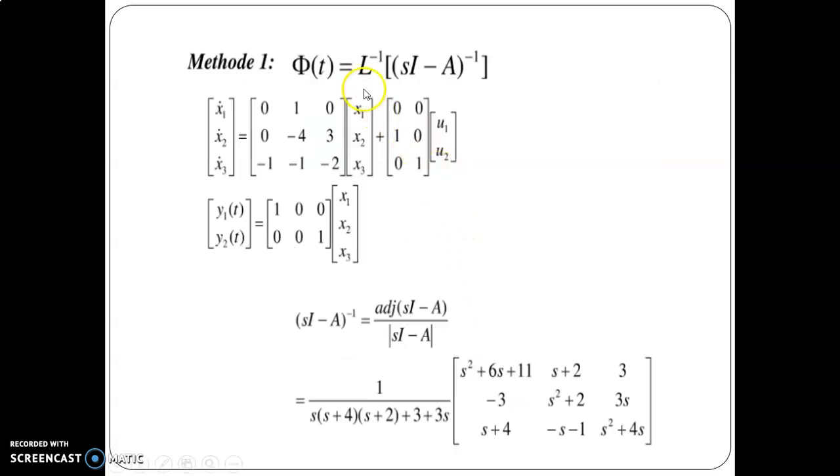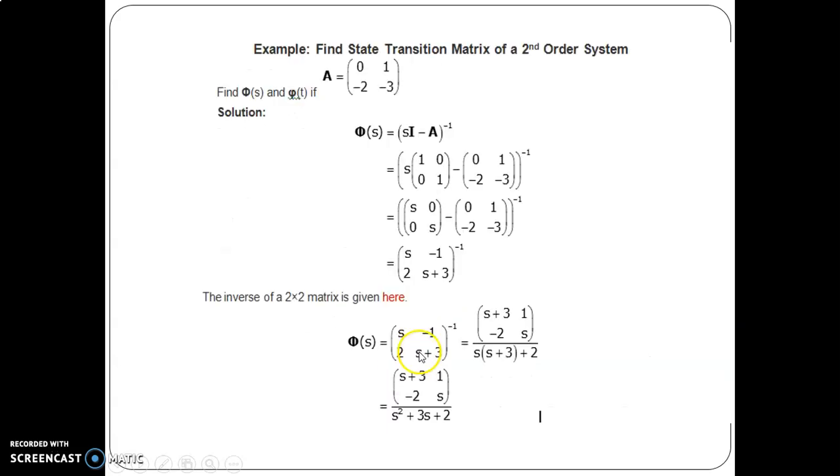Method 1, the Laplace method: first you have to find SI minus A whole inverse. How do you find it? It is the adjoint of (SI minus A) divided by the determinant of (SI minus A). Again I repeat, to find the inverse, first take the adjoint of SI minus A, then divide by the determinant of SI minus A. For one example, the A matrix is 0, 1, minus 2, minus 3.